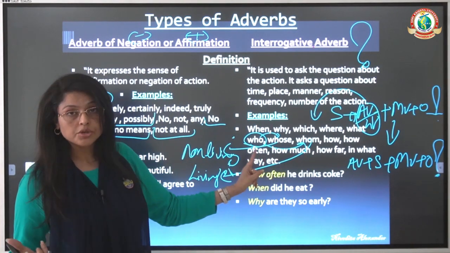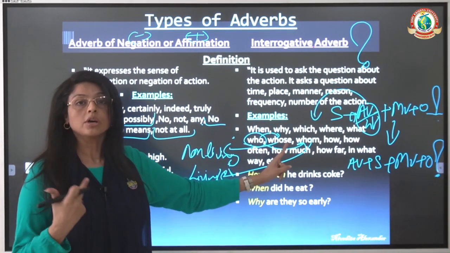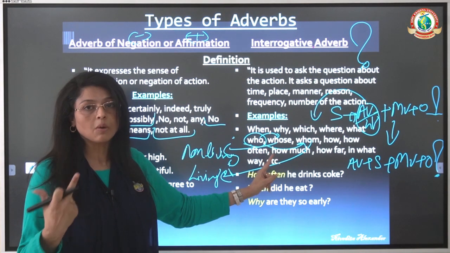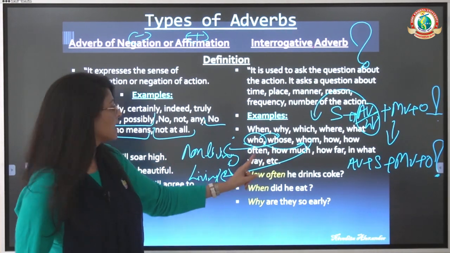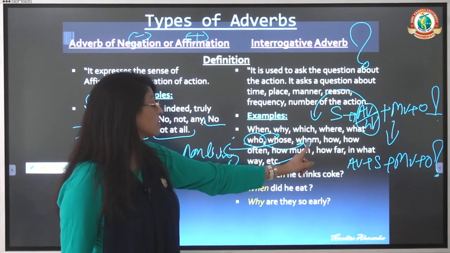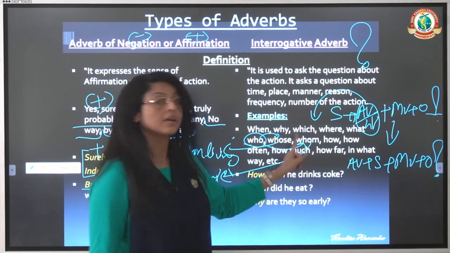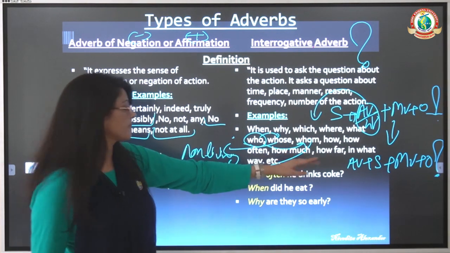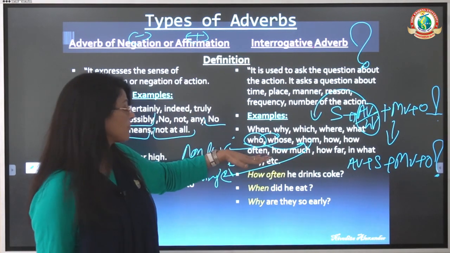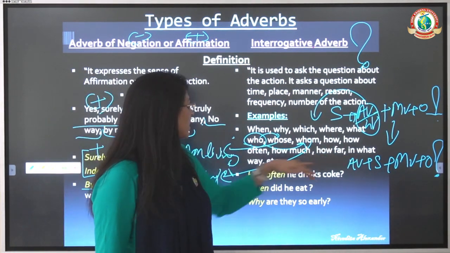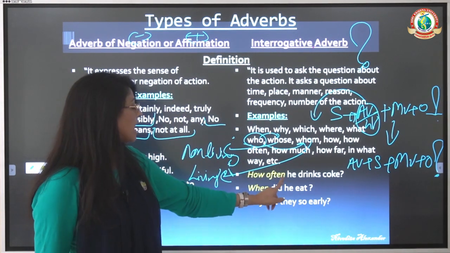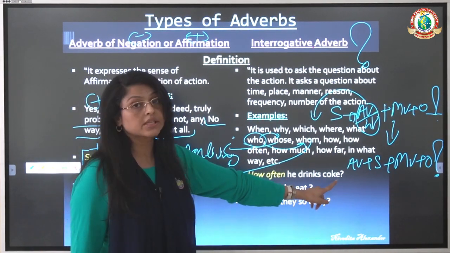Whom are you talking to? So if you are talking, you are obviously talking to someone who is a living person, right? So whom you are talking to, this is used for living things in general. There might be some exceptions, but most of the time this is the case, okay? How often, how much, how far, in what way, etc. Example, how often does he drink Coke?